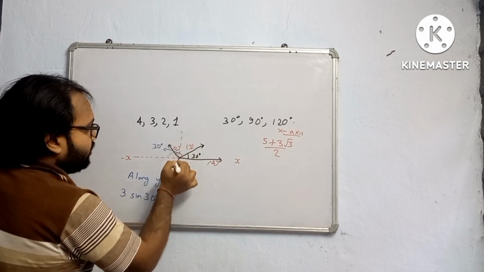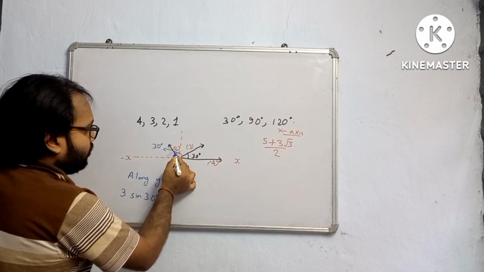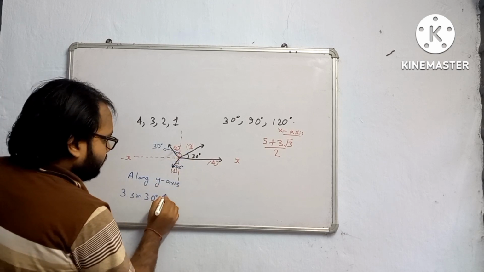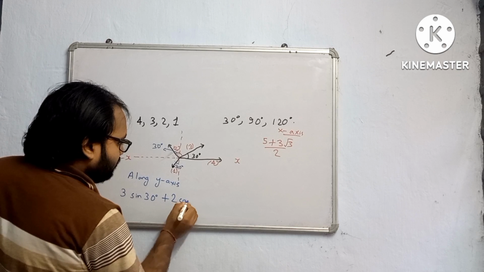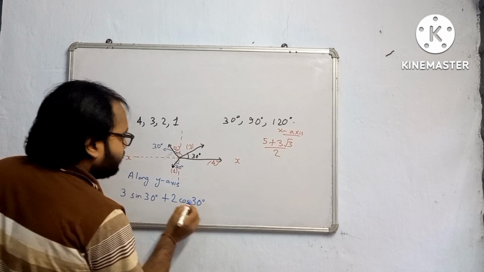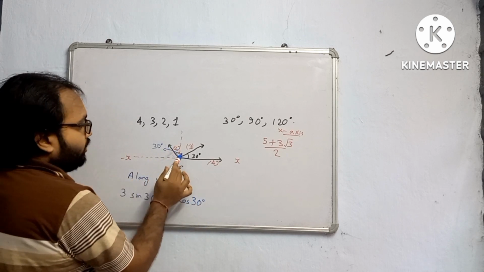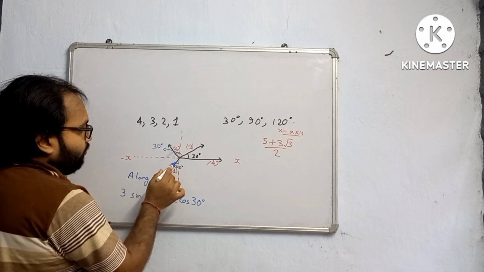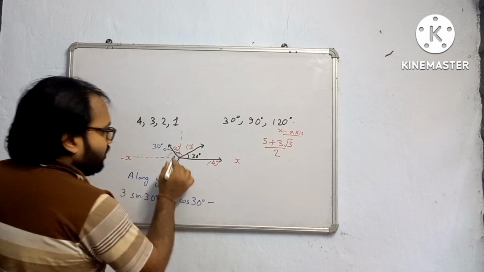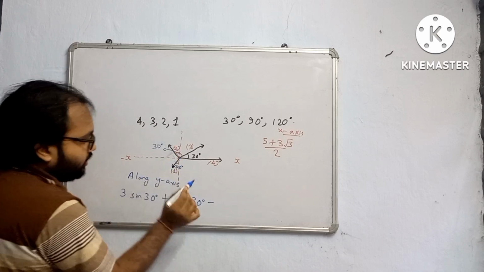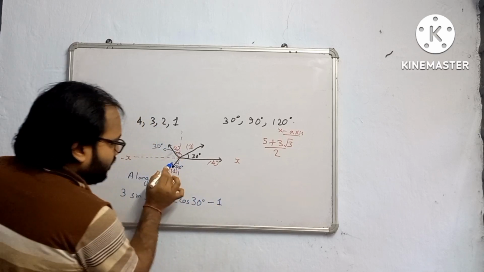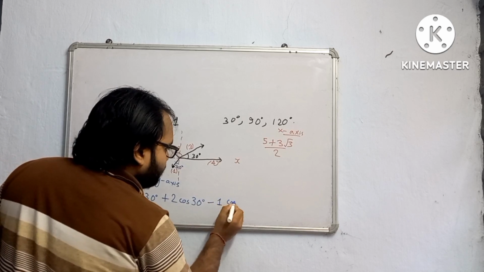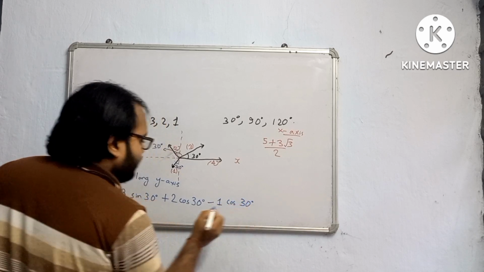For 2 it will become 2 cos 30 degree. And then for the last vector, with magnitude 1, it will become minus, because it is along the negative y-axis, minus 1 cos 30 degree.